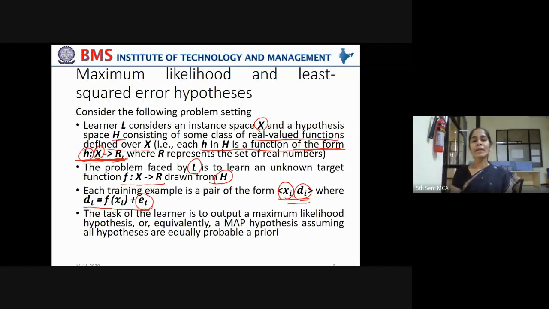Now the machine has been given 1,000 houses' data and their sale prices. Now you're asking it to predict the sale price when some new data is given about a house. Can it predict the exact figure appropriately? No. There will always be some error associated with the prediction. That is what ei attributes to, that error.